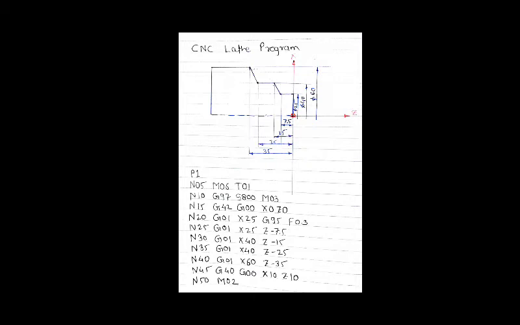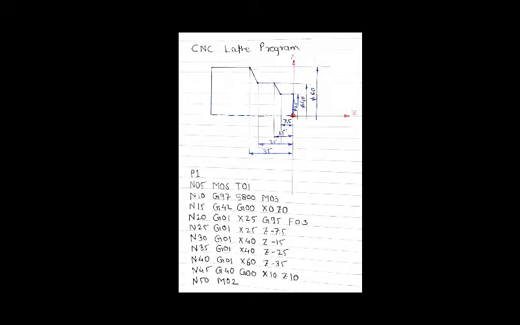But here I want to tell you one more thing, that here you can see after N20 block, I have written N20, G01, X25, G95, F0.3. Now in next block it depends on you. I have written here N25, G01, X25, Z minus 7.5.